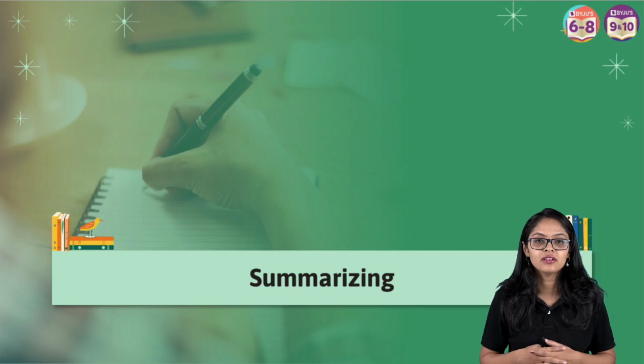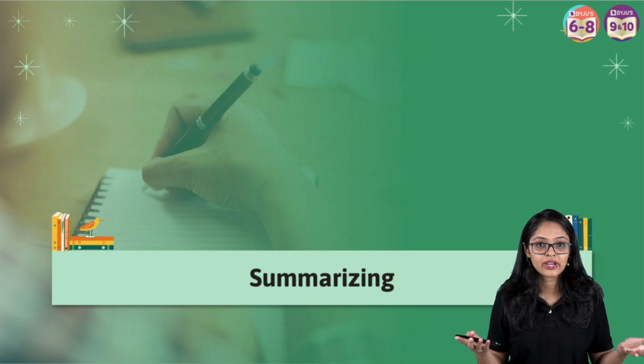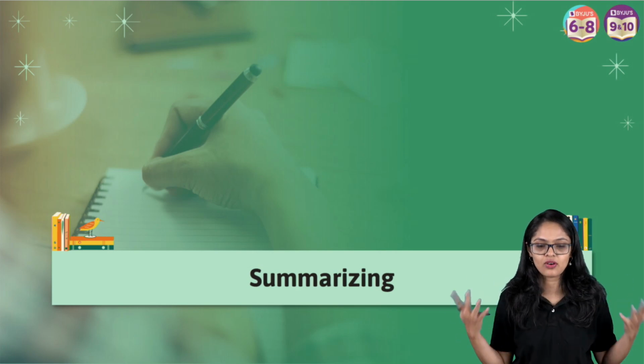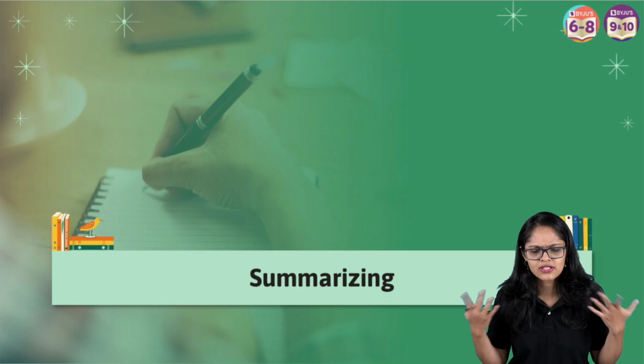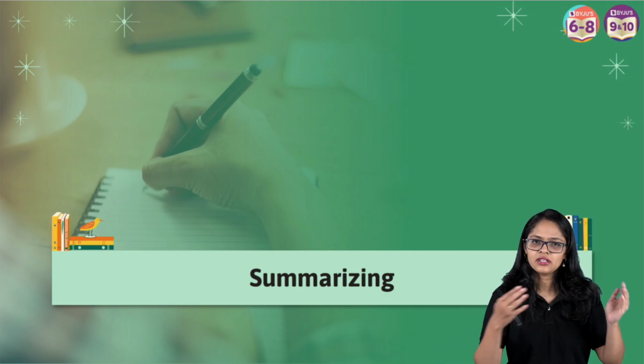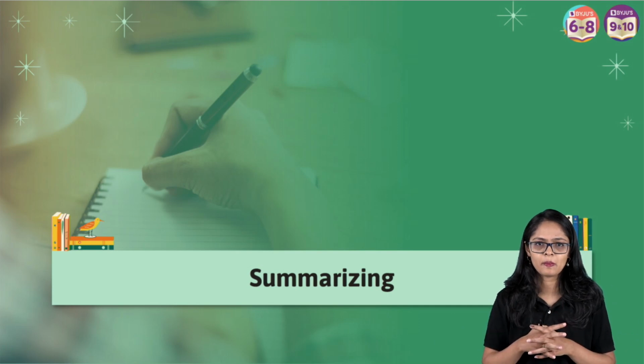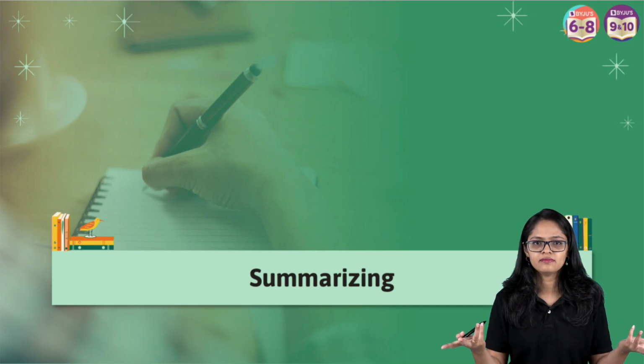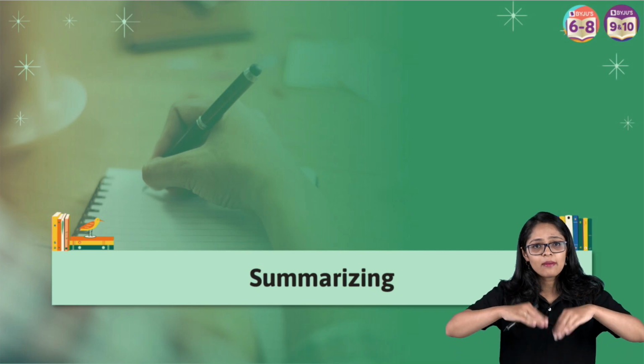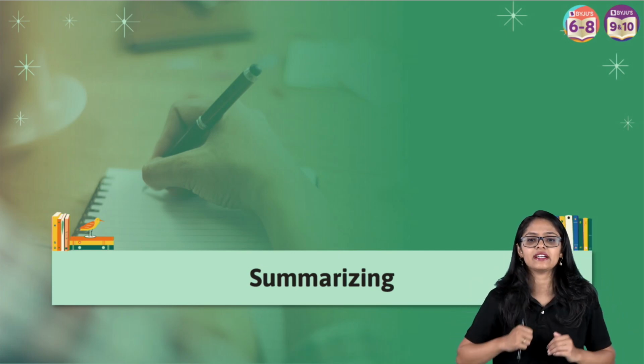No, right? So what you need to do is understand the concept. What is combustion? A substance reacting with oxygen is combustion. Simple, right? So you summarize whatever you have studied.